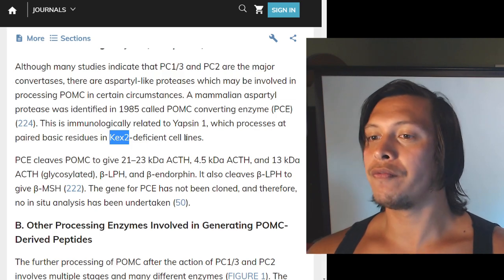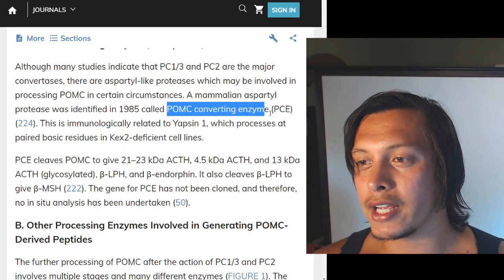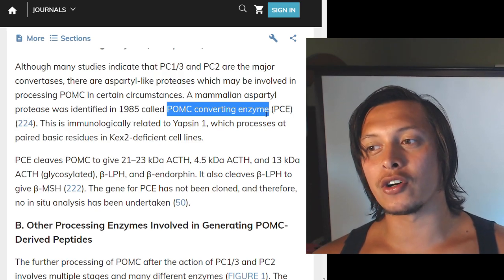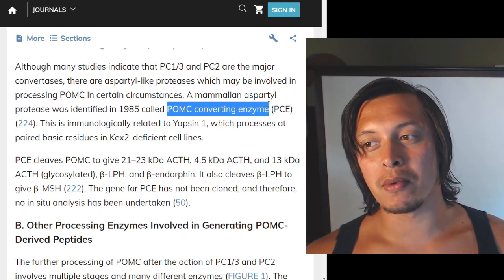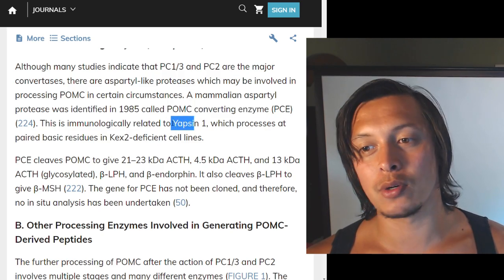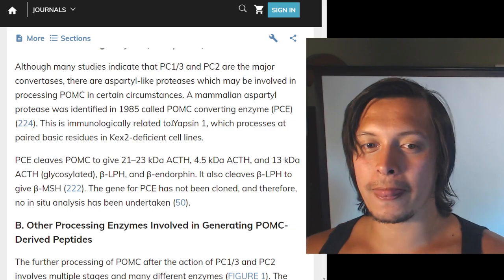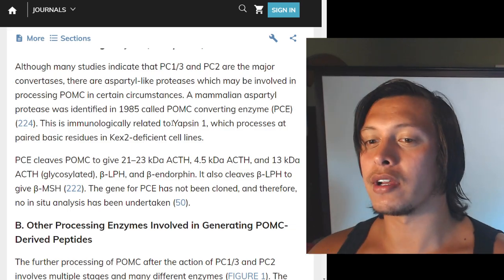And so, for instance, with the POMC converting enzyme, we're talking about how it looks similar to yapsin-1. So, yeah, I had to go on that little tangent right there.